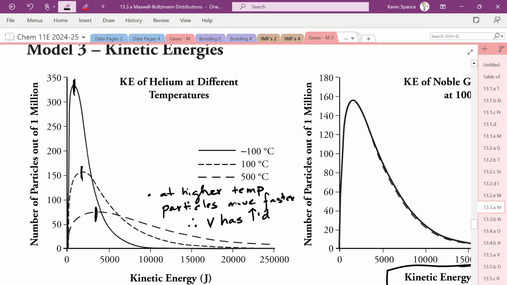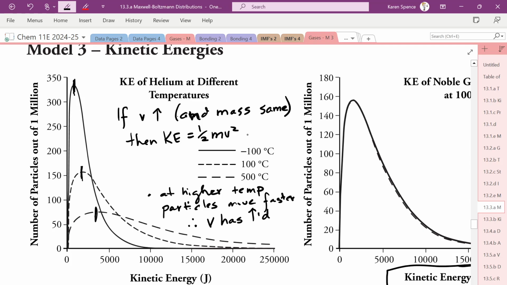Yes, the speed has increased. And if v increases and mass stays the same, then kinetic energy equals 1/2 mv squared, it will increase. You are not going to have to explain this on the AP exam. But if it helps you to understand what's going on in the curves, that's a good thing.